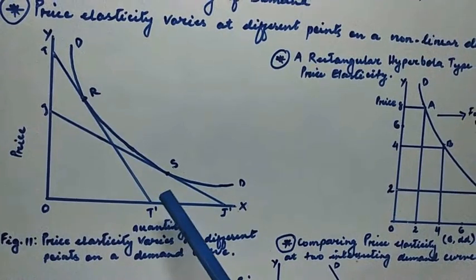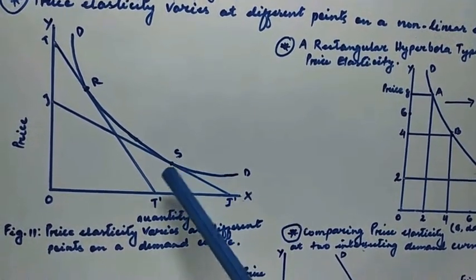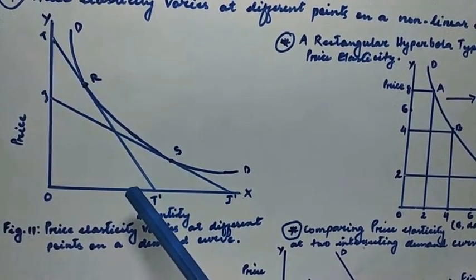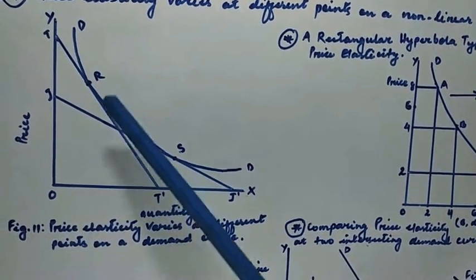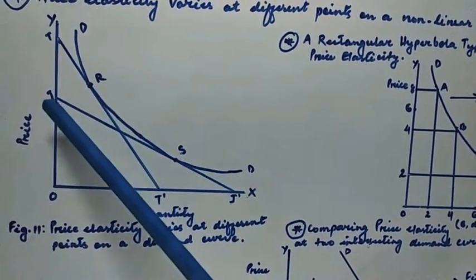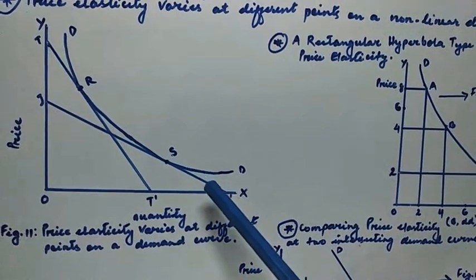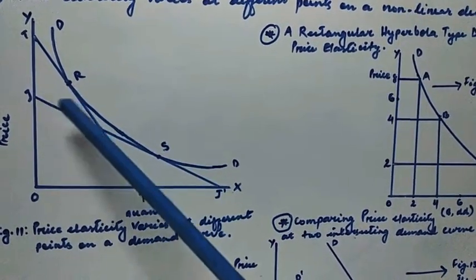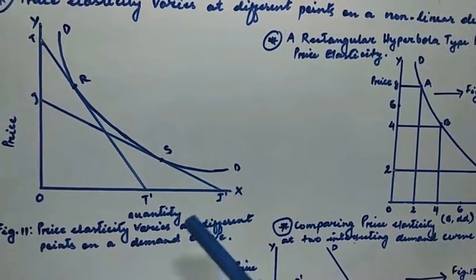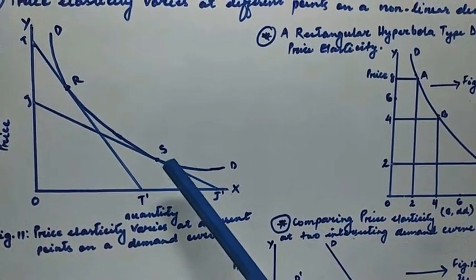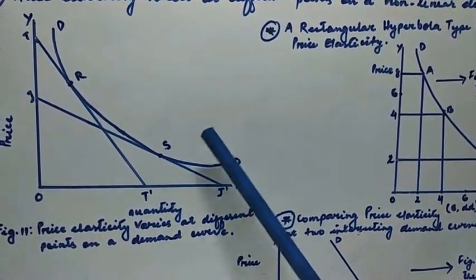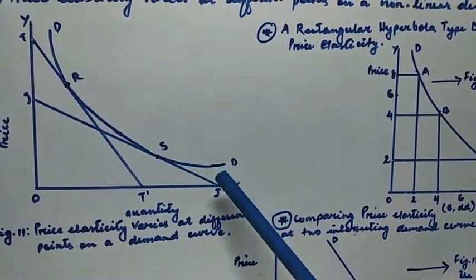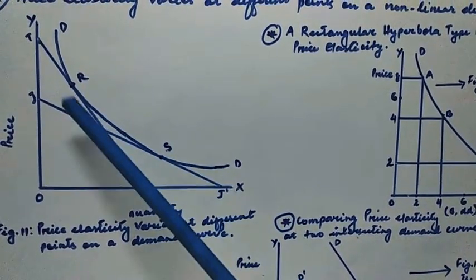So let us see point S. As discussed, price elasticity of demand for demand curve DD is obtained by drawing a tangent straight line at point S, J dash. So price elasticity at point S will be given by SJ dash divided by SJ.